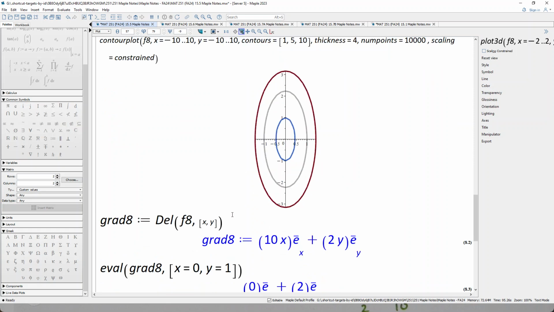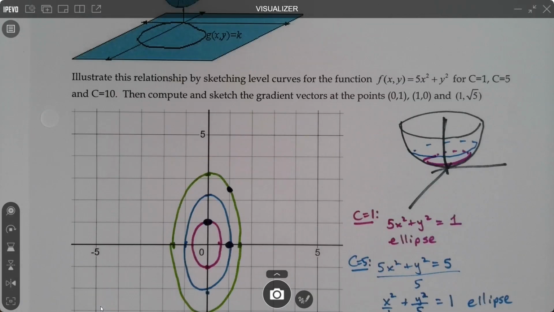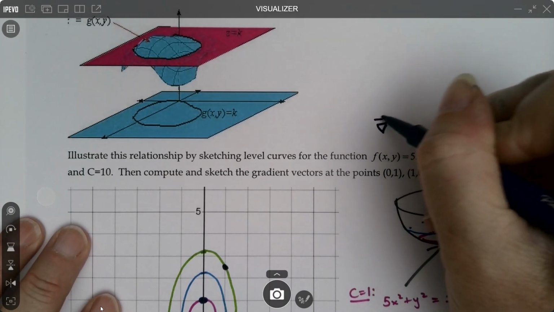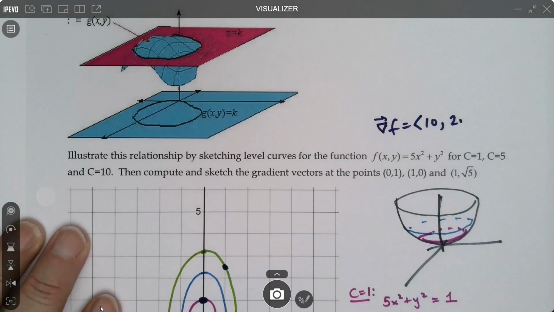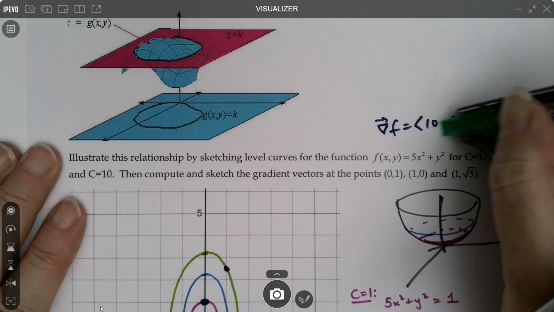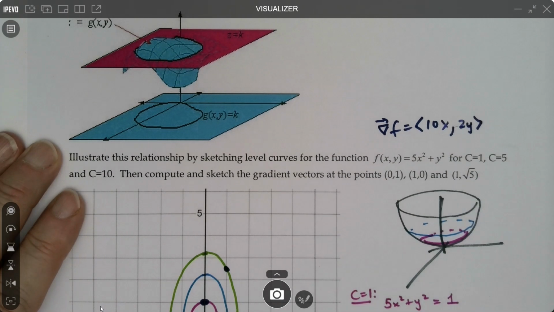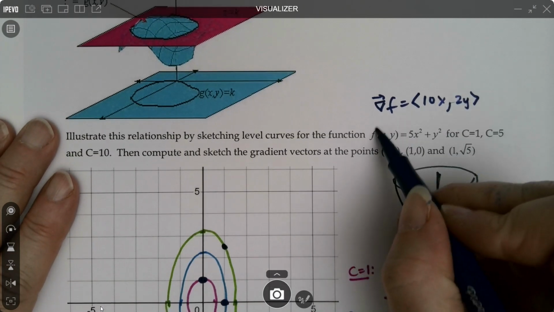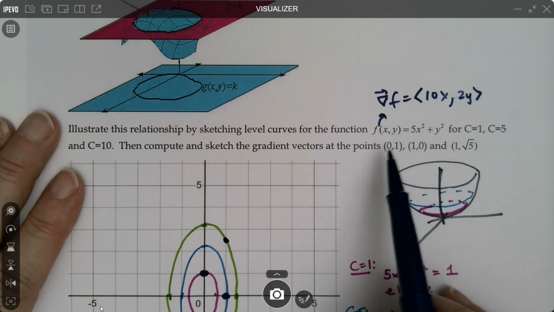Okay, so the gradient is actually pretty easy to find. The gradient of this is 10x comma 2y, which is quite simple, right? And it means that it would be easy to find the gradient vectors at these points because we would just stick (0, 1) in.